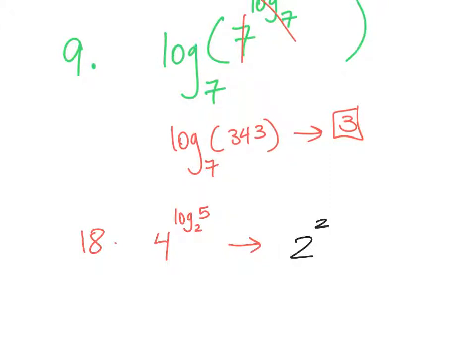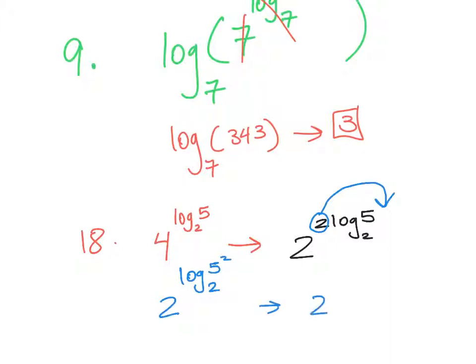So 2 to the power 2 log 2 of 5. Yes. Okay, then see how he wrote 4 as 2 squared? Now what do I do with this? Can I take it back as a power? Yes. So it becomes 2 to the power log base 2 of 5 squared, which is 25, right?